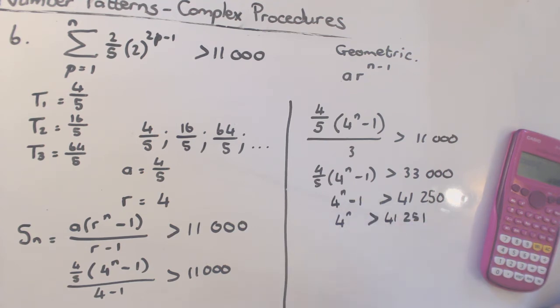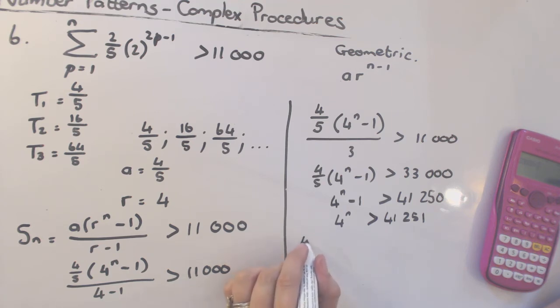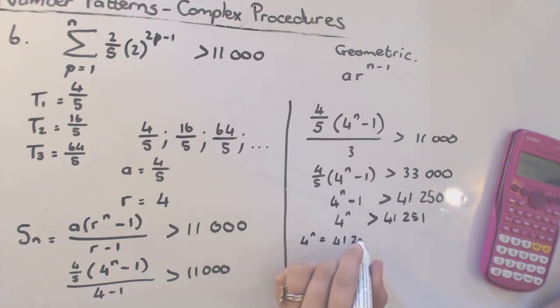And now I'm going to use logs. I'm just going to find an estimated value for n first. If 4 to the power of n is equal to 41,251, what's happening?